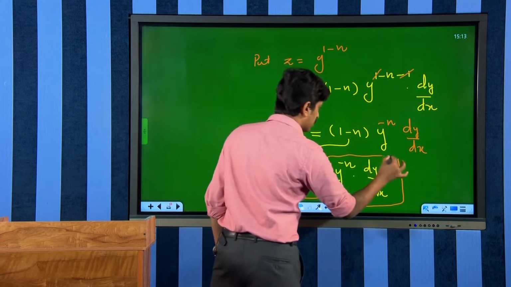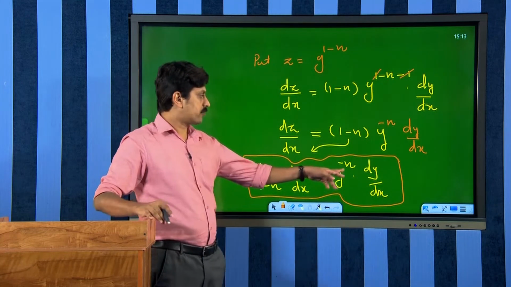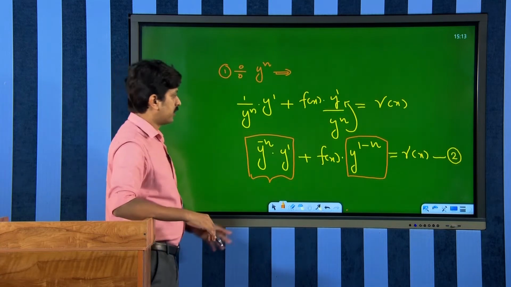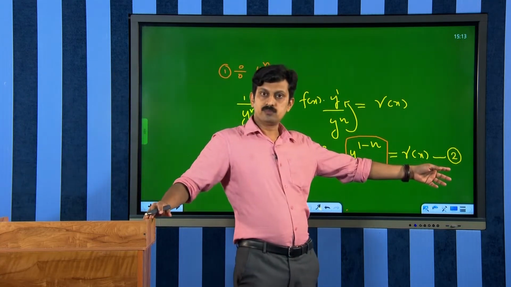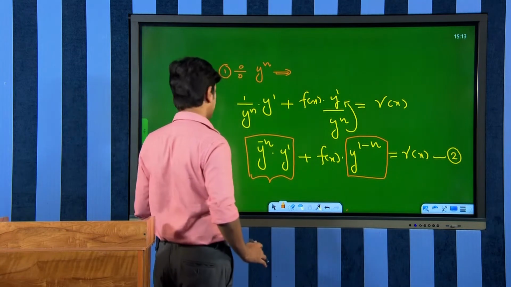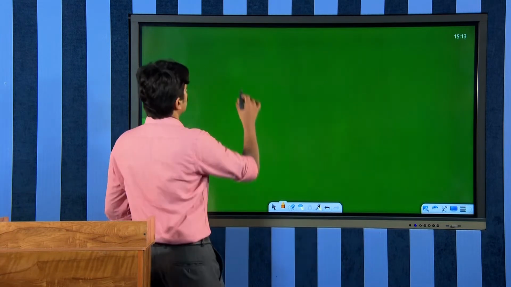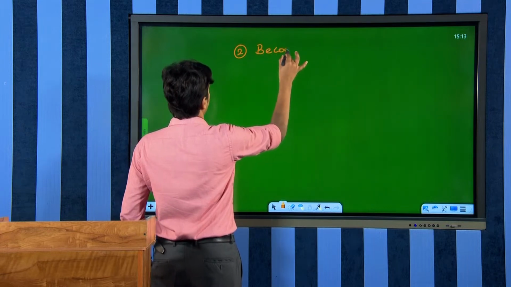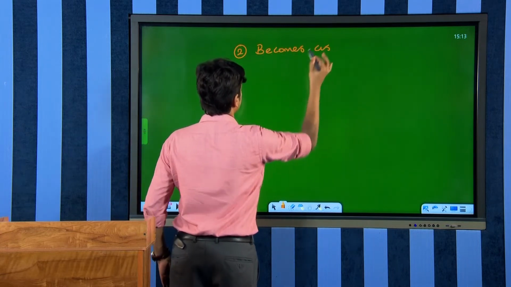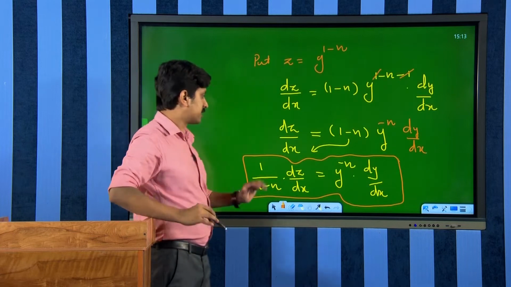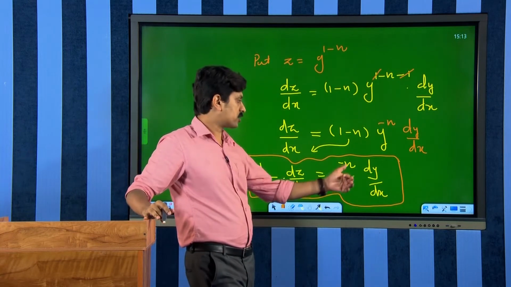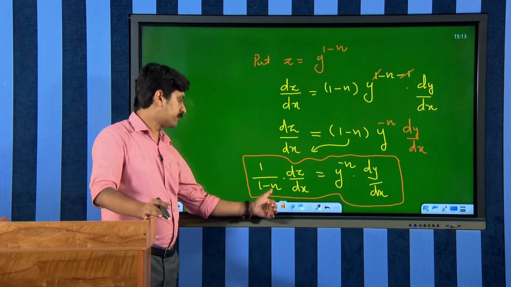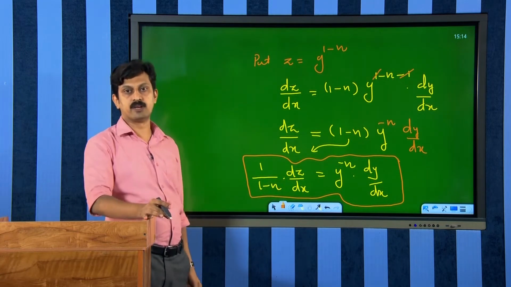Okay, this is actually y raised to minus n into dy by dx. So, equation 2 becomes, instead of y raised to minus n into dy by dx, we just replace it by 1 by 1 minus n into dz by dx.